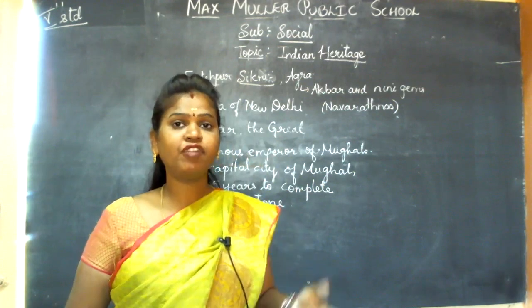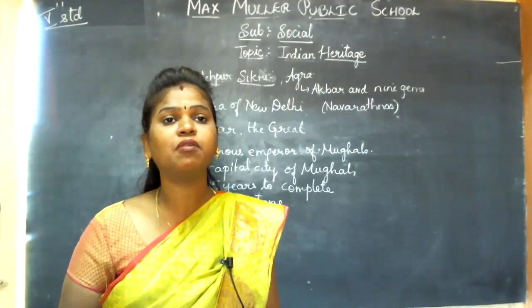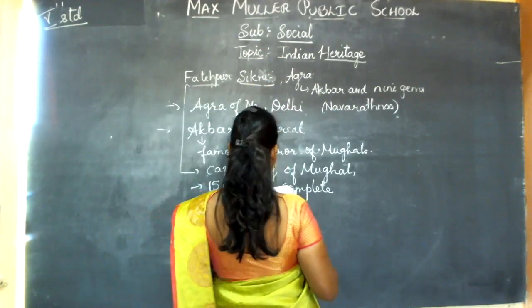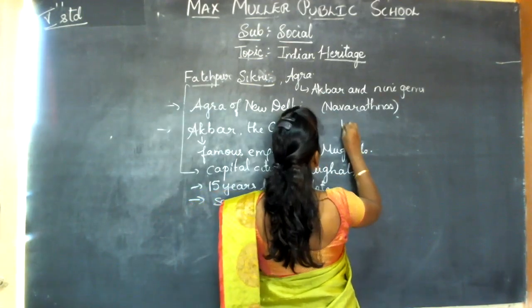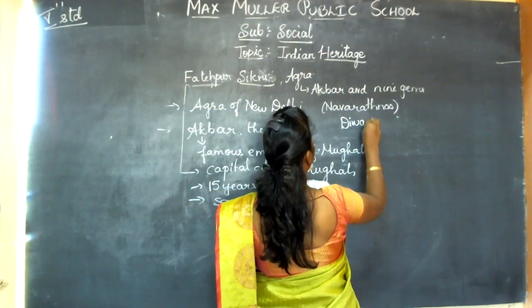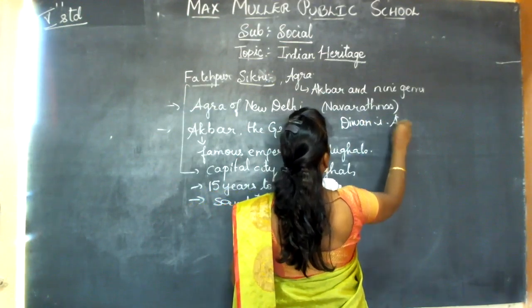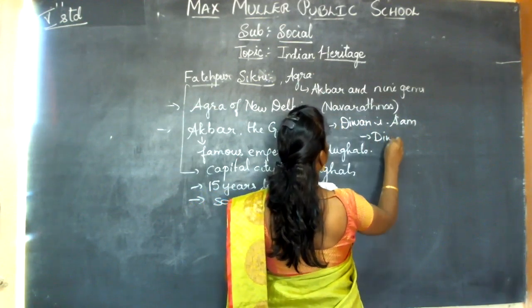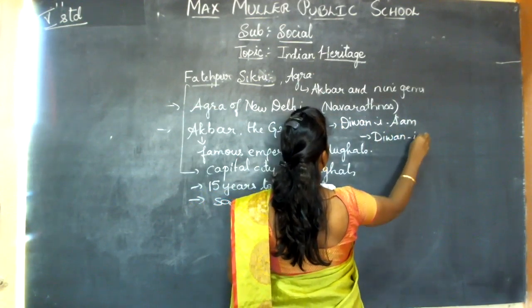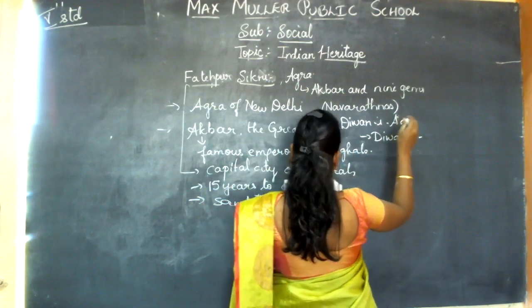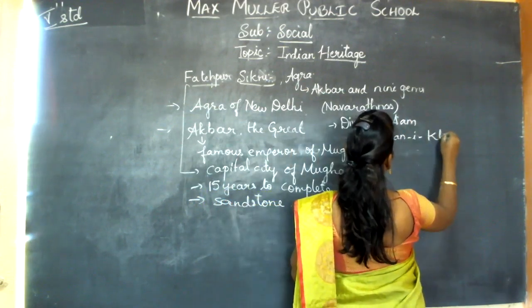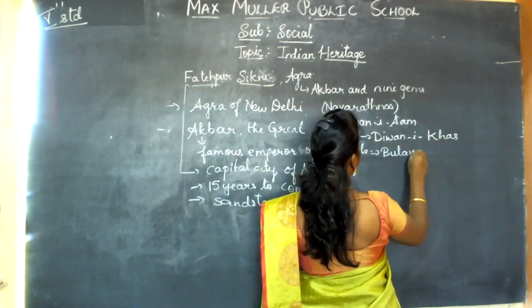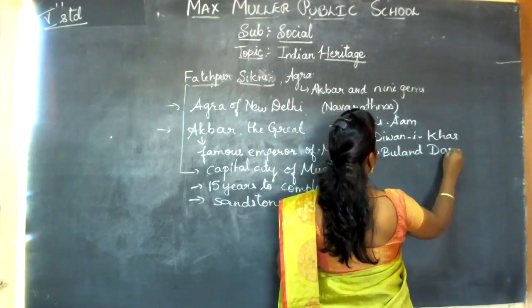Inside Fatehpur Sikri, we can see some beautiful tourist places like Diwan-e-Am, Diwan-e-Khas and Buland Darwaza.